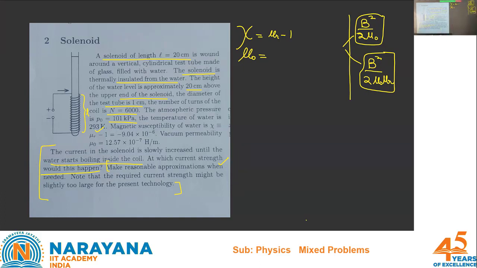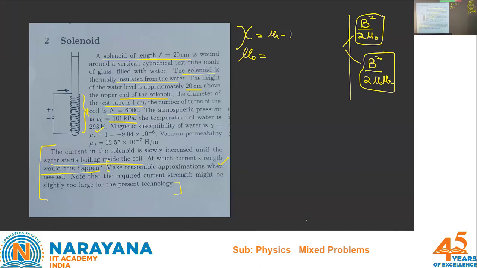When you think about Bernoulli terms, think about them at 2 points inside a fluid. You're talking about pressure energy P per unit volume, rho GH, gravitational potential energy per unit volume, and half rho V square. And additionally, in this problem, I will talk about the magnetic energy per unit volume.